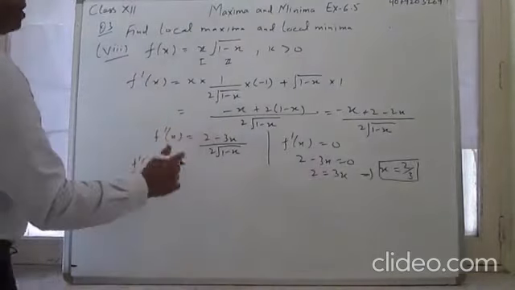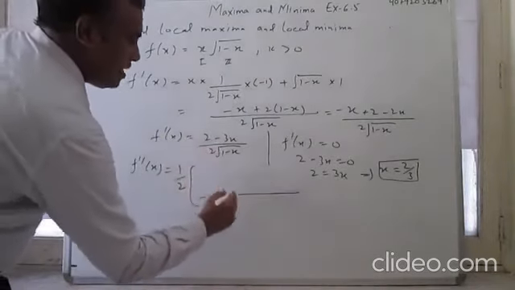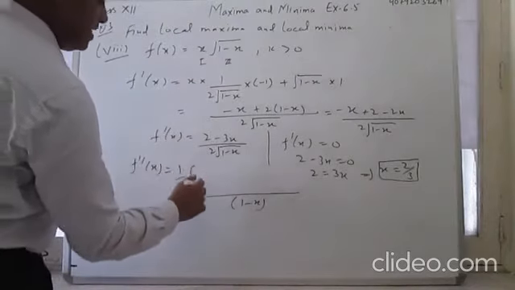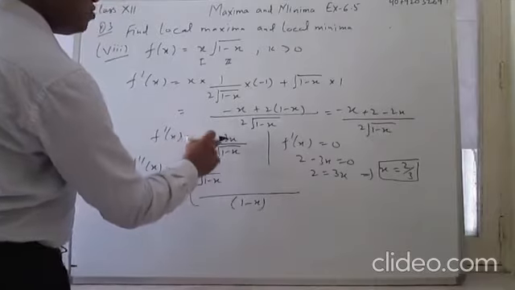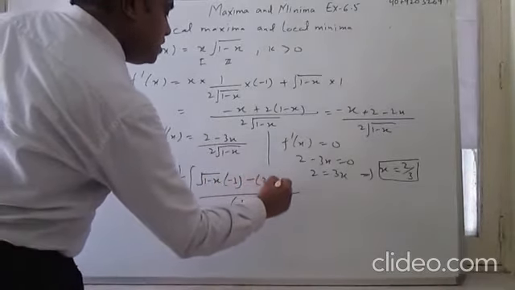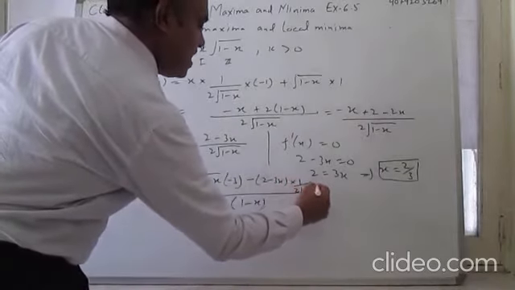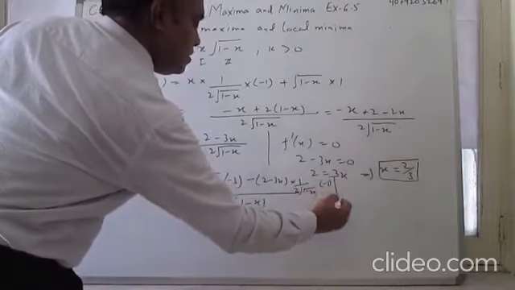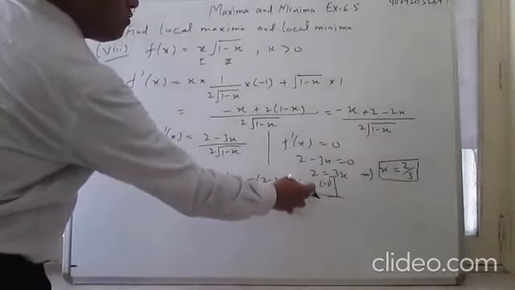Now we can apply the u upon v rule. 1 upon 2 common. We will square the denominator, so it becomes 1 minus x. The denominator is as it is, differentiate of numerator: 2 gives 0 minus 3x gives minus 3, minus numerator into differentiate of denominator: 1 upon 2 under root 1 minus x into minus 1. Now take LCM 2 root 1 minus x.